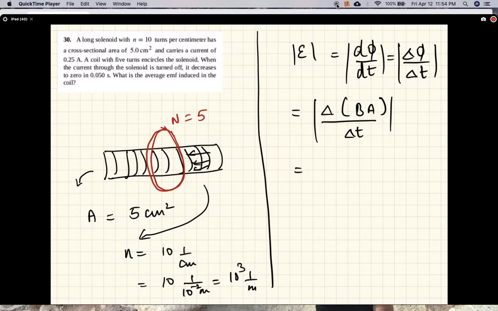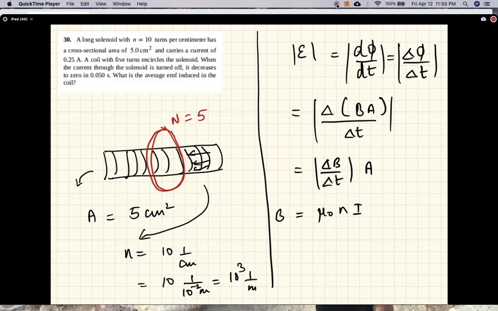All right, so this is equal to B times area over delta t, and the magnetic field is decreasing, but we're taking absolute values, so the average EMF induced is delta B by delta t times area. And delta B: B is mu naught N i.